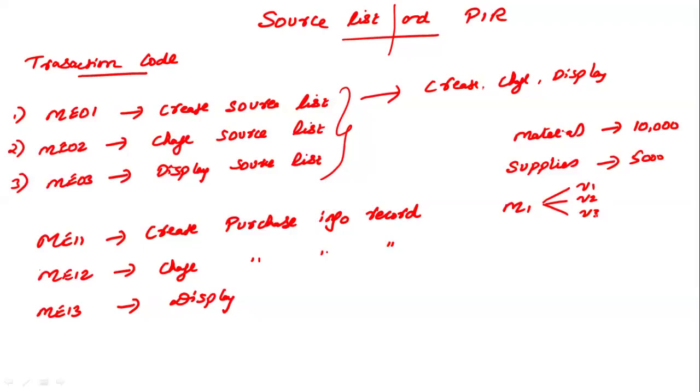So where are we going to store this information? This particular material is supplied by how many suppliers, and when are they going to supply? What is the time period? To store this information in the system, we use this functionality called source list. The source list is nothing but the source of supply.